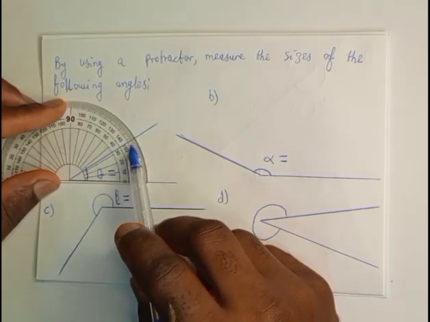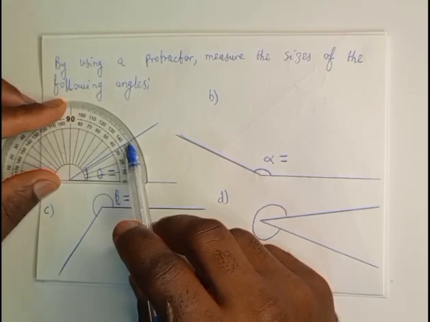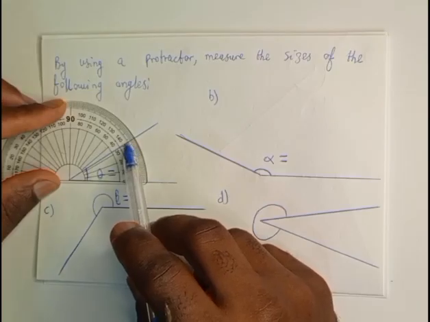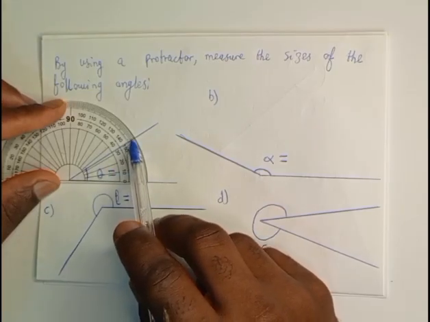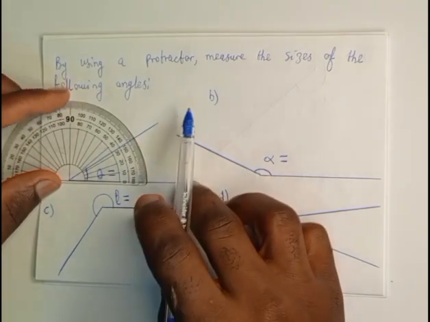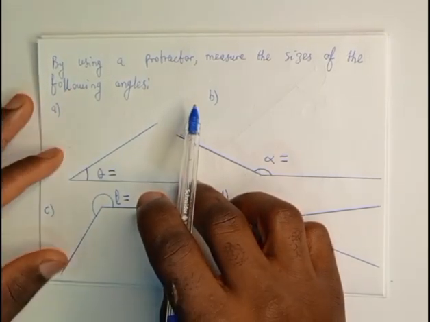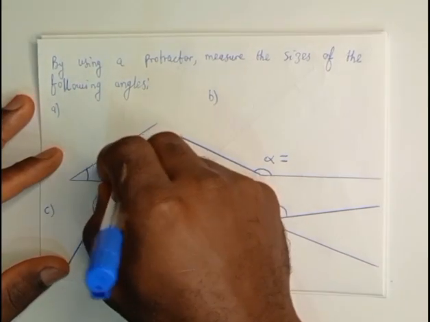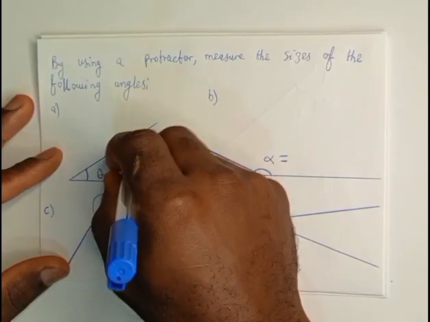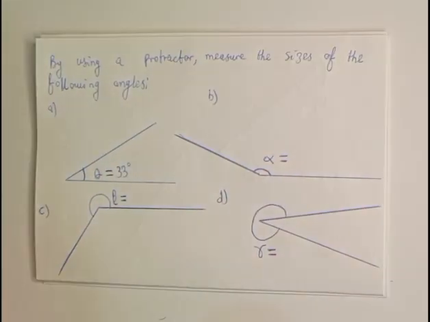After 30 we count 31, 32, 33. They coincide at 33 degrees. We indicate the angle theta is simply equal to 33 degrees, which is an acute angle because it lies between 0 degrees and 90 degrees.